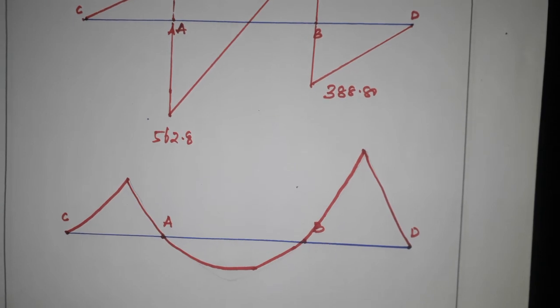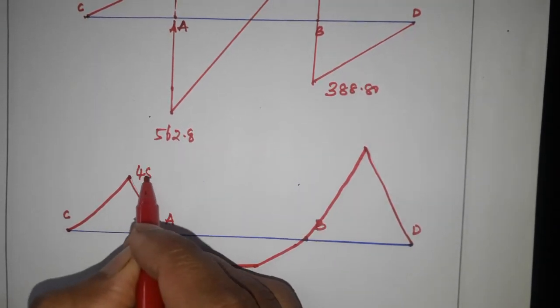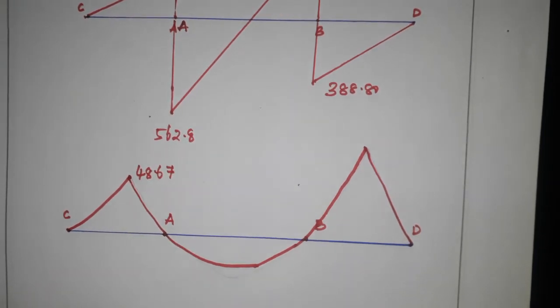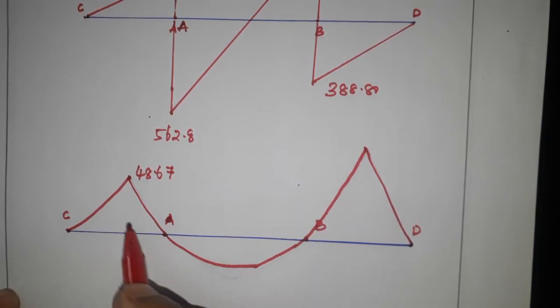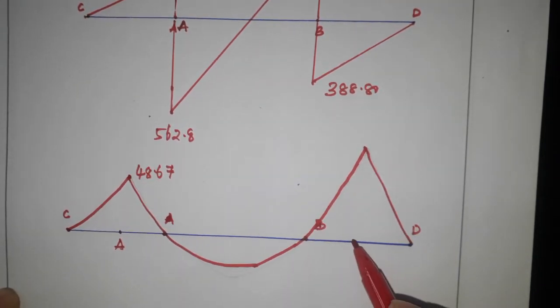Okay, so just note down the values now. So here we got it as 48.67. Okay, I made a mistake here. This should be A here. Sorry. This should be B. At B we got it as this.